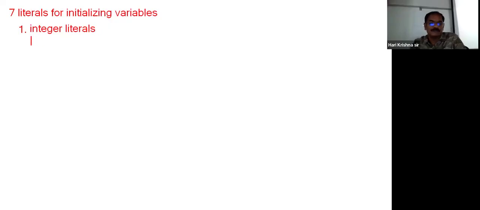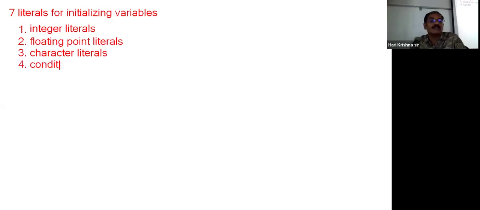Number 2, according to mathematics, floating point literals. Number 3, character literals. Number 4, conditional literals or boolean literals. Number 5, string literals.